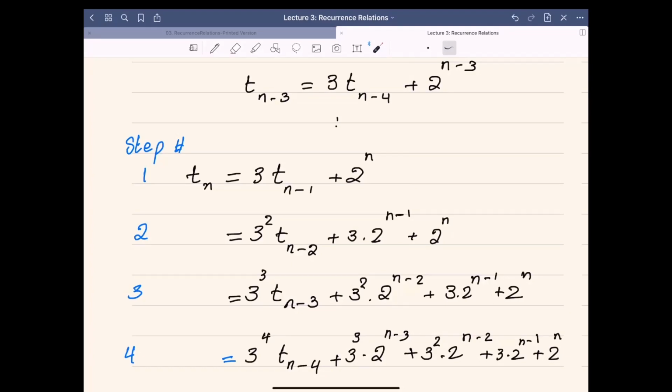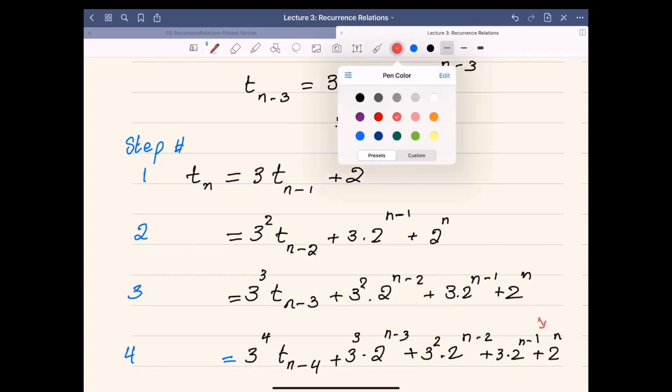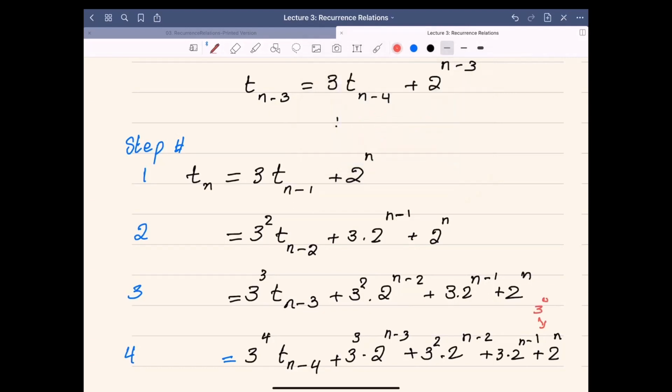By looking at each term, this is 3 raised to power 3 and n minus 3, this is 3 square and n minus 2, and this is 3 raised to power 1 and n minus 1. So maybe we can add here, using a different color for emphasis, 3 to the power 0, as well as we can write that this is n minus 0.